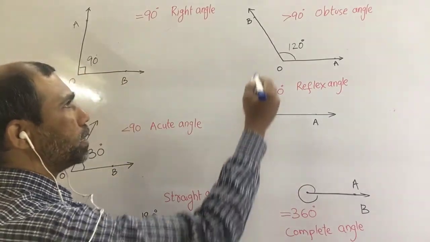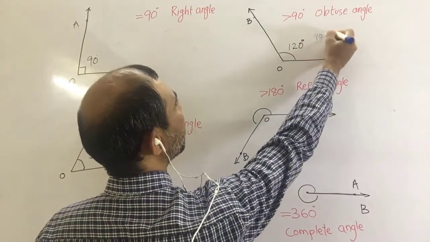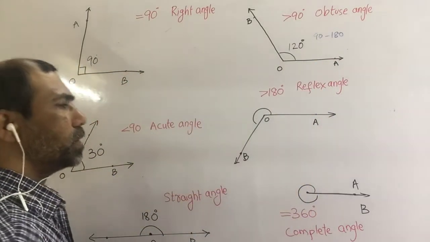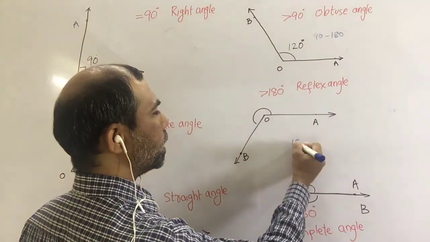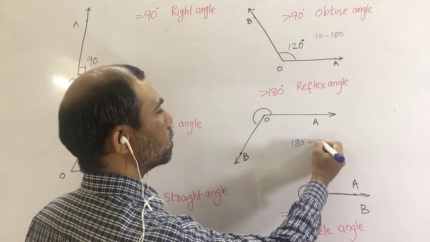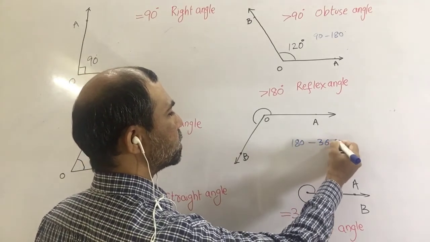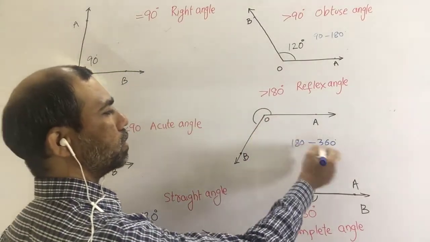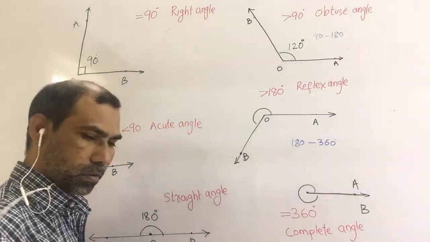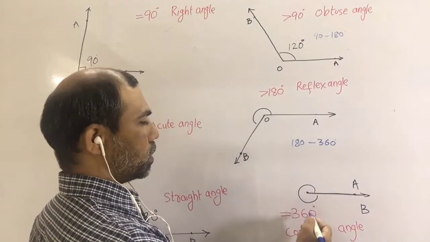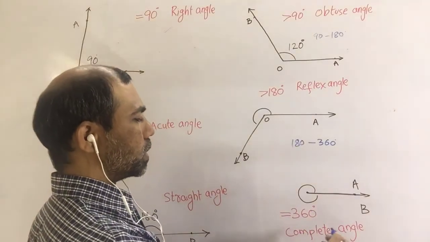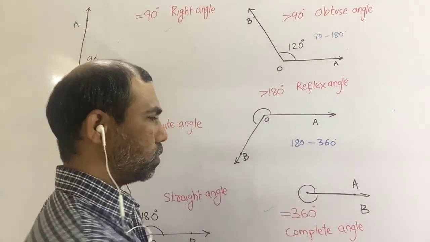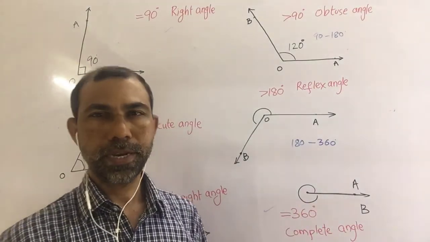So the range will be 90 to 180 degrees. And the reflex angle's range will be 180 to 360 degrees. So here you can take any angle. Here it is equal to 360, it is a complete angle. Always it must be 360 only, that is called a complete angle.